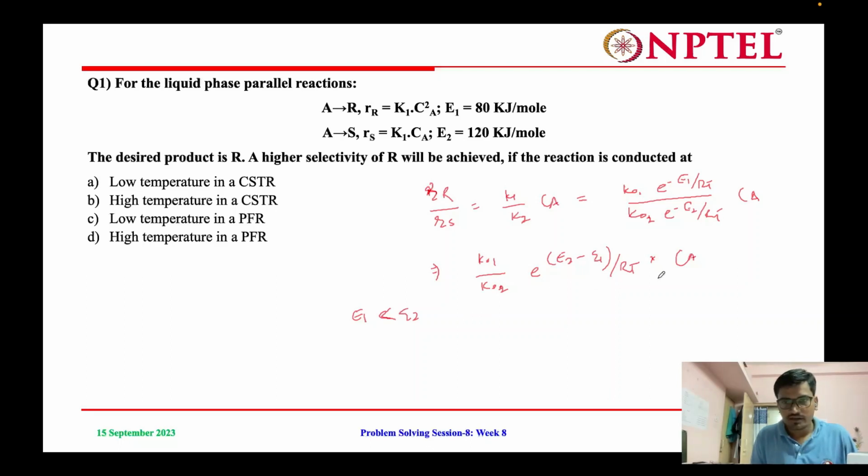So at low temperatures, the rate of R divided by the rate of S is more.